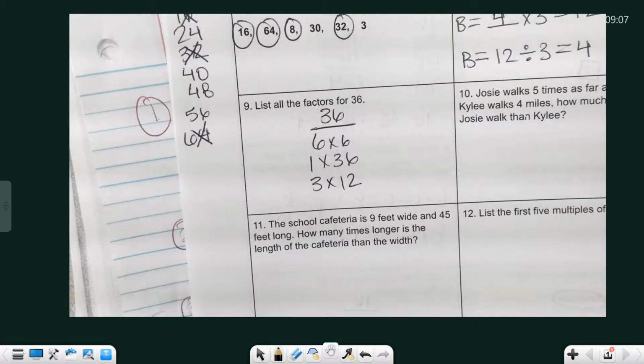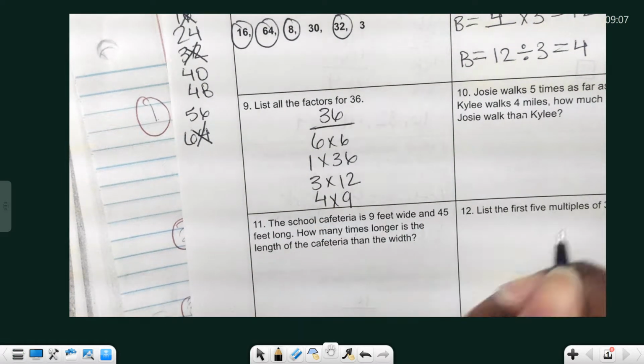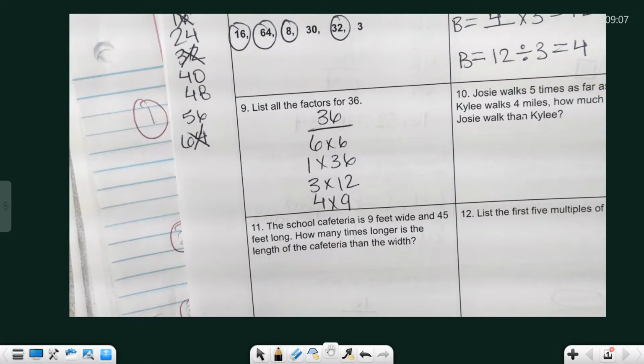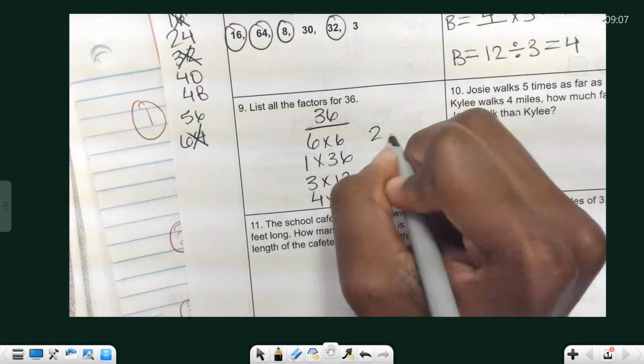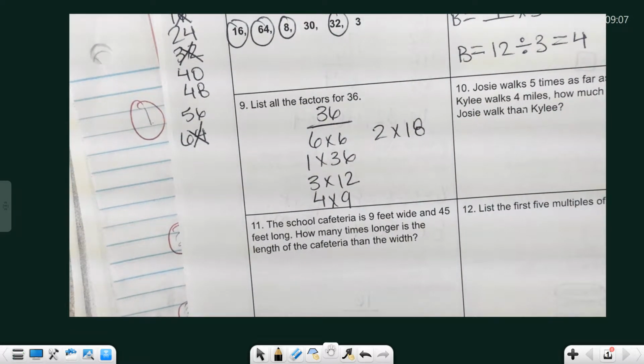Jamaria. Caleb. 4 times 9. Anything else? Yes. Taquan. 2 times 18. Now, I pulled a small group for people, and you should have 5 factor pairs for 36.